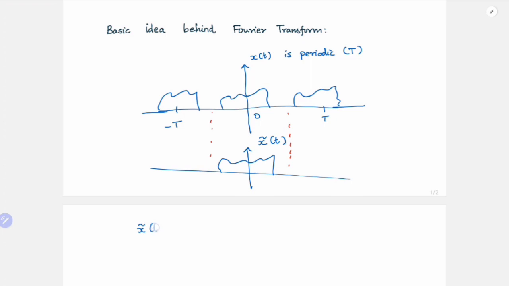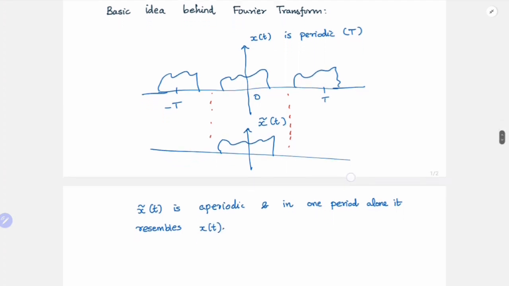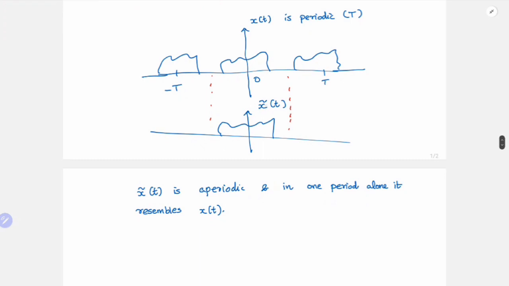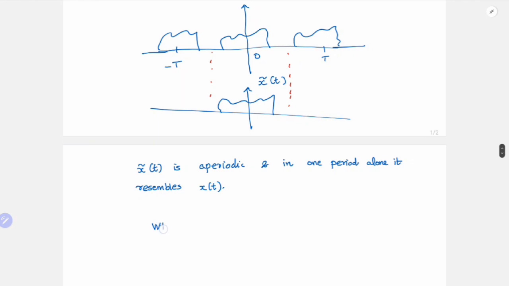So x tilde of t is aperiodic, and in one period alone it resembles x of t. So how do we get x tilde of t from x of t? What if we take x of t and tend the time period to infinity?